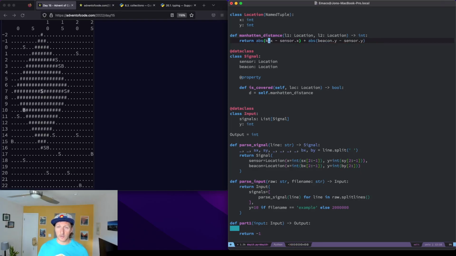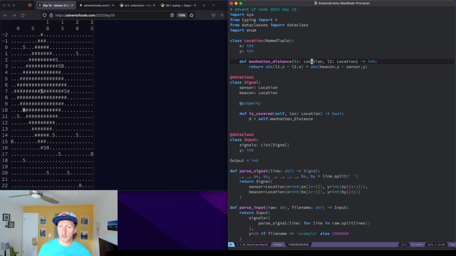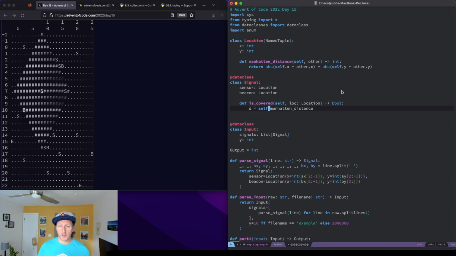And we're going to do L1, L2. Ooh, we could put it on location. That looks good. All right, cool. So we have a Manhattan distance, and we could do it as the subtraction, but I don't remember how to do that.